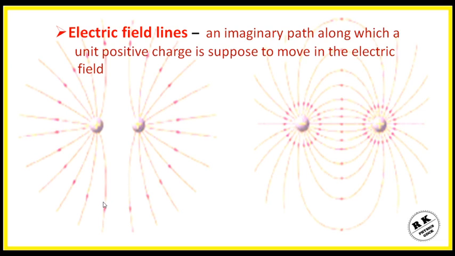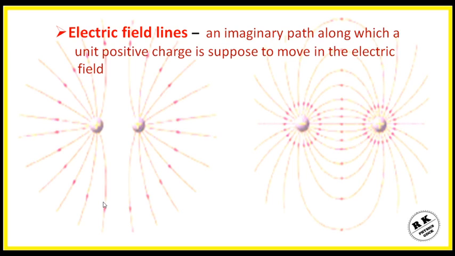The important thing to notice is that they are not real paths, real lines. They are purely imaginary, along which a unit positive charge will be moving.